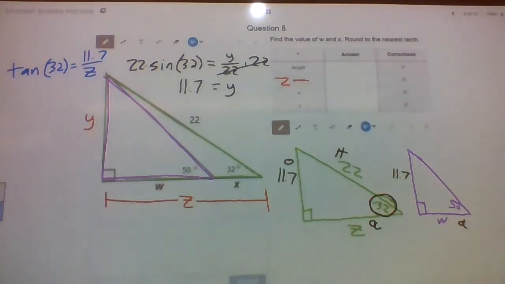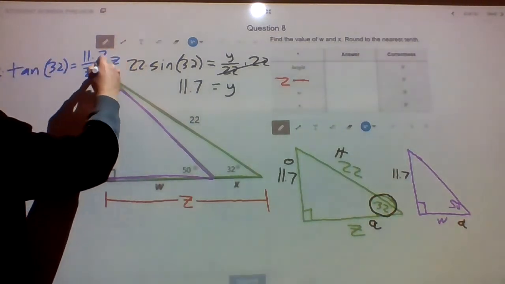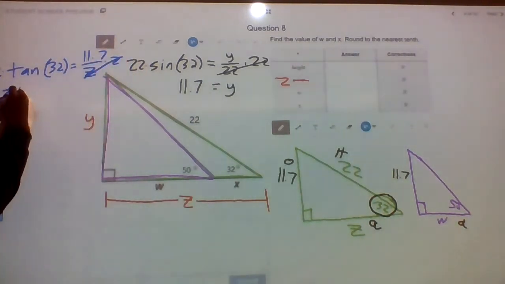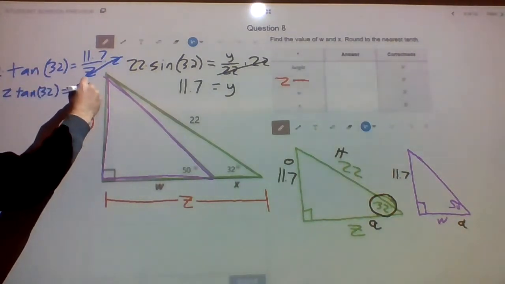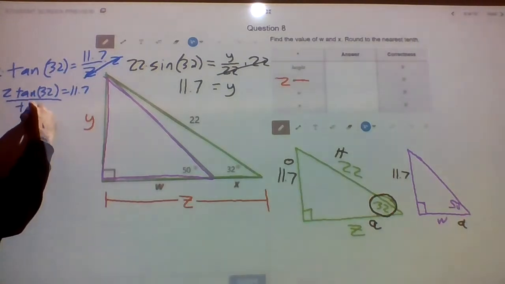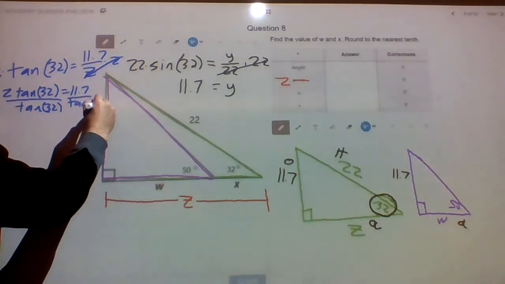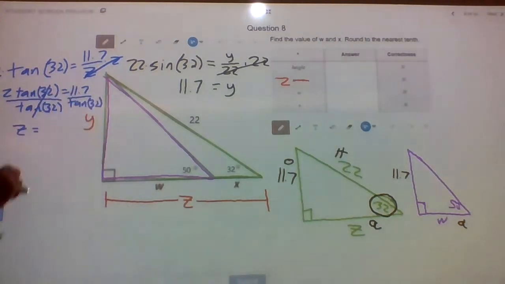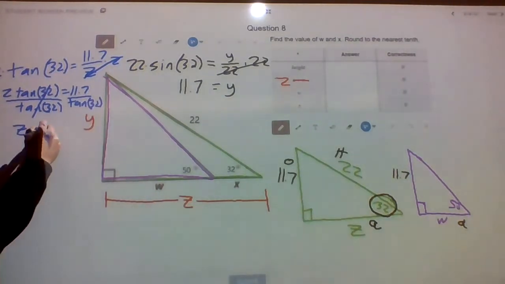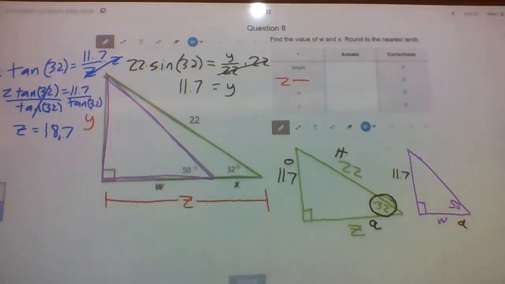We multiply both sides by z, so we get z times tangent 32 equals 11.7, and then we divide both sides by tangent 32. We end up with z equals 11.7 divided by tangent 32, which is 18.7. When you put that in your calculator, make sure you're in degrees, and you should get 18.7.